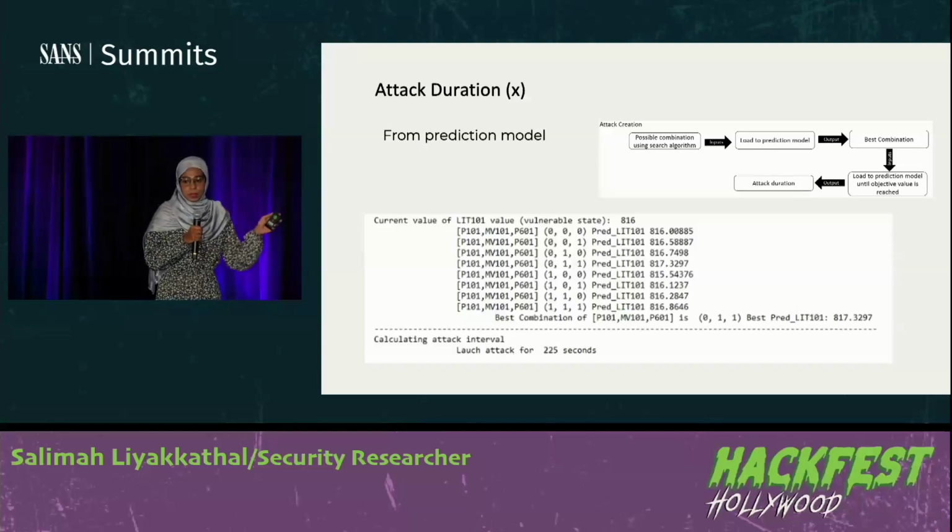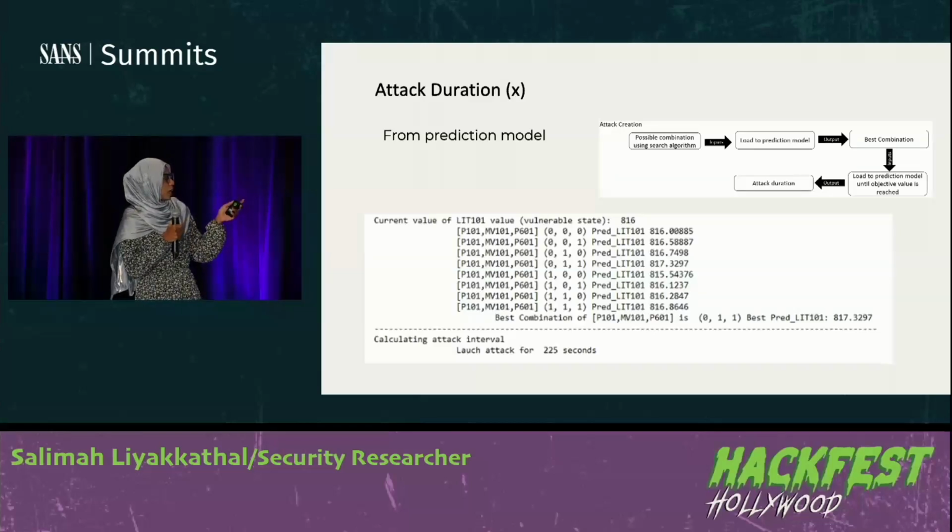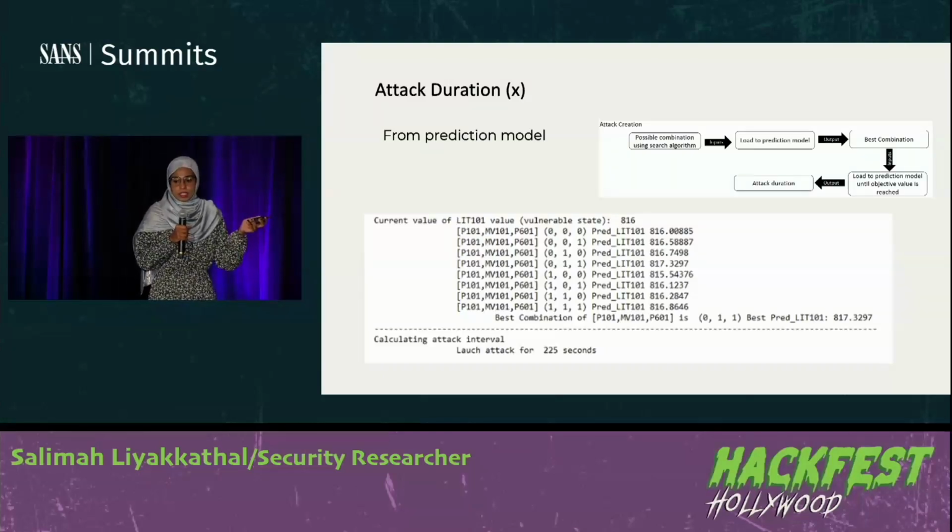These are the possible combinations. And from each combination, it will tell you the predicted value of the tank, which is under predicted underscore LIT 101. So the first one is 000. Predicted LIT 101 is 816, which makes sense because nothing is being changed from the current value.